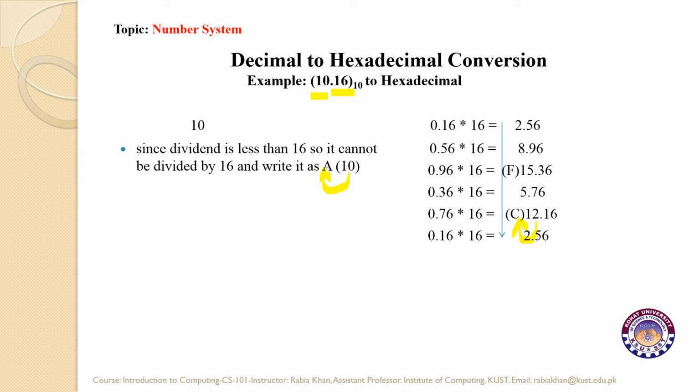The more you multiply, the more products you are going to get. So we stop the multiplication here and compile the results in top-down manner.